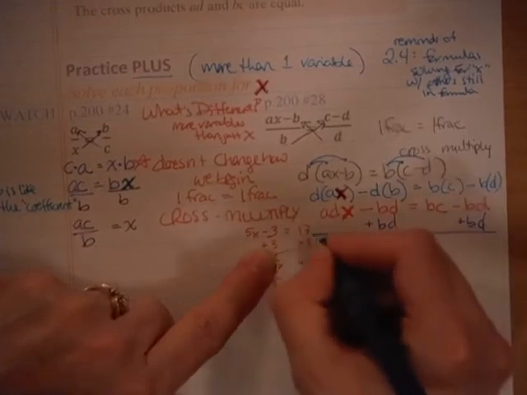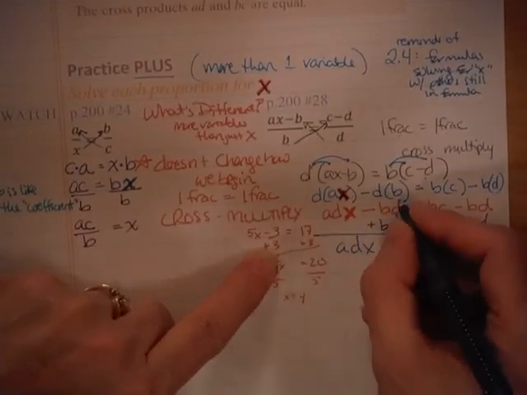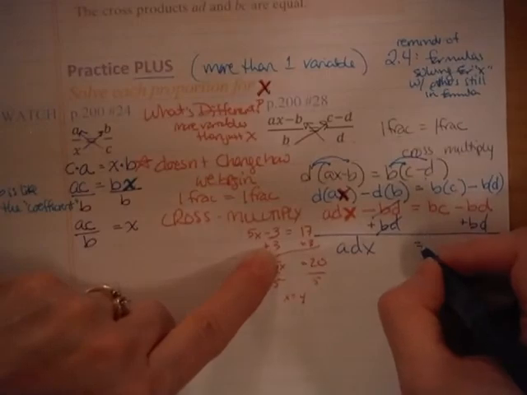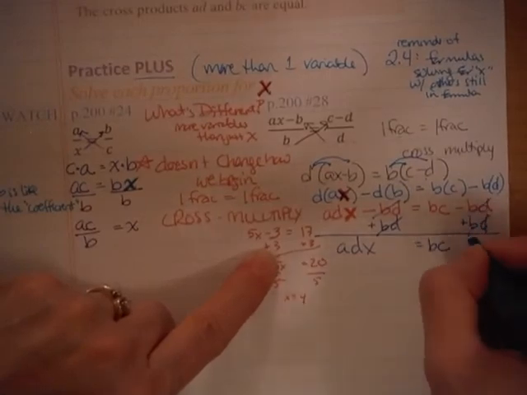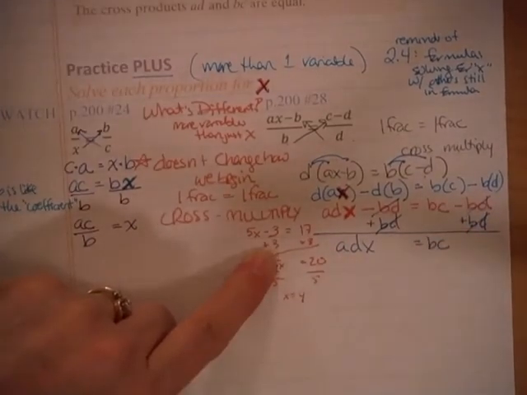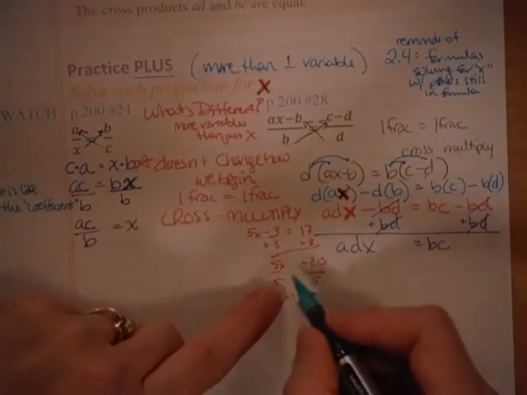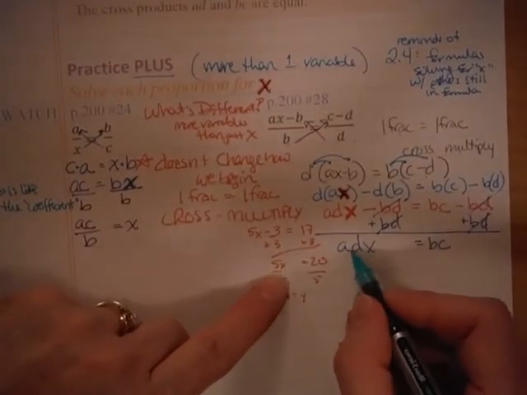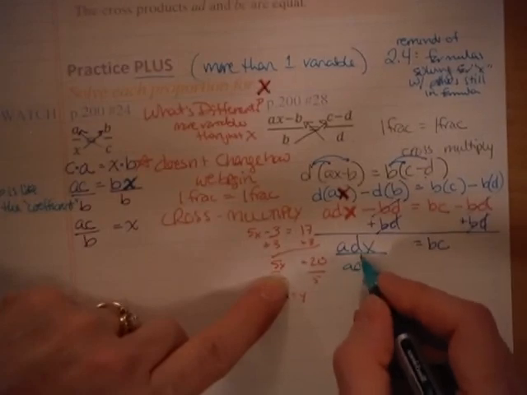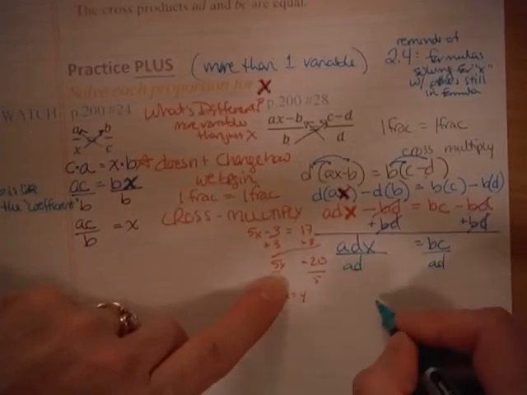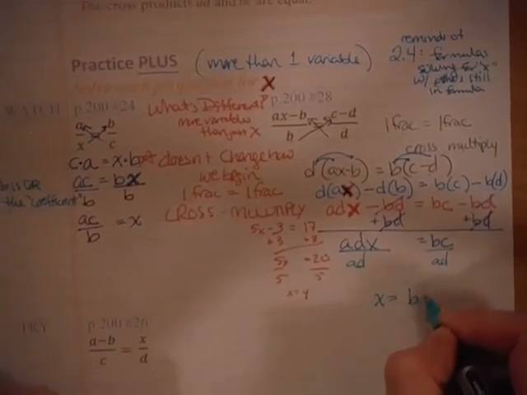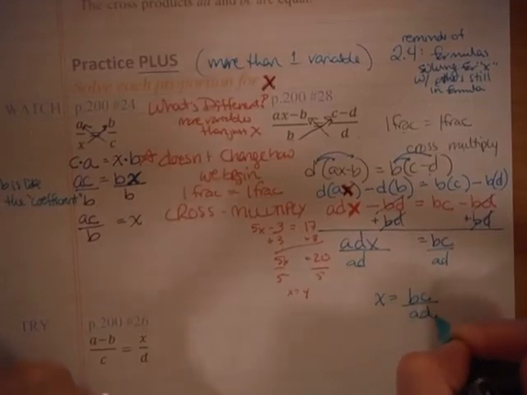This one works out really nicely because on the left it cancels because that's what you were intending for it to do. It also goes away on the right side, which was an added bonus. Then whatever x is being multiplied by, in this case a times d, those go away by division. So x is equal to bc over ad.